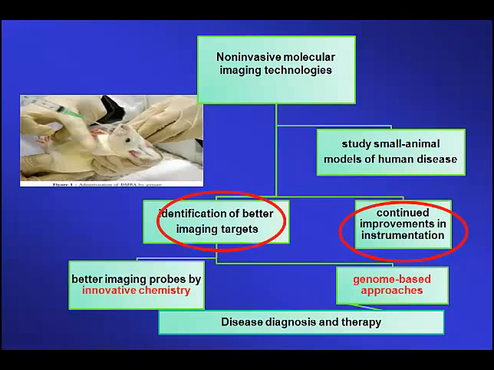Along with the continued improvement of instrumentation, the better identification and specification of imaging targets, genome-based approaches, and better innovative chemistry, we can get the best idea about molecular imaging, and we can achieve disease diagnosis and therapy.